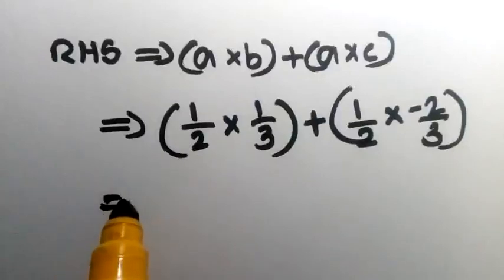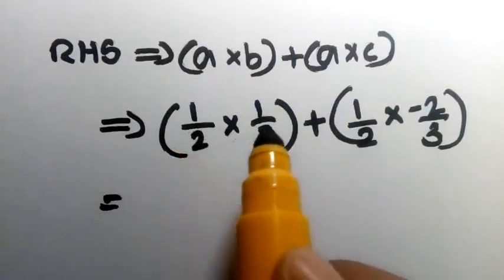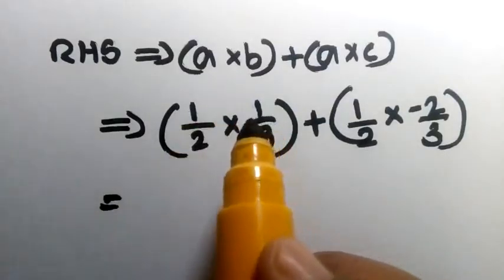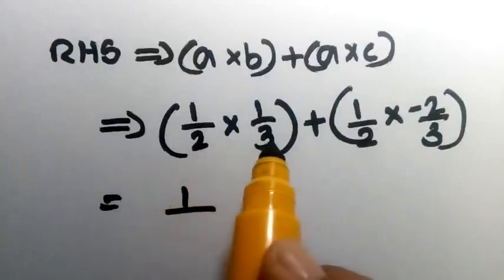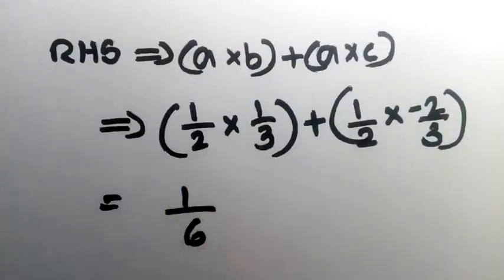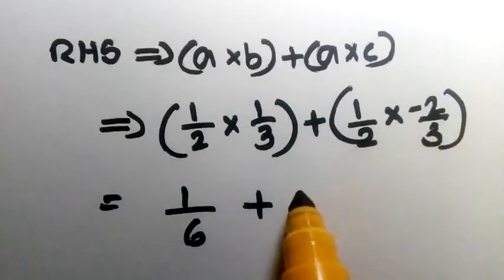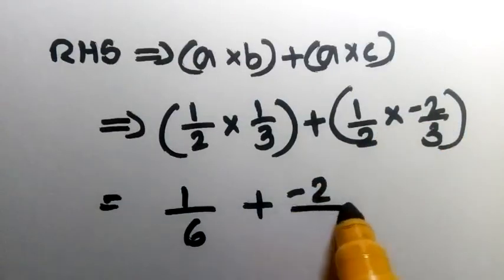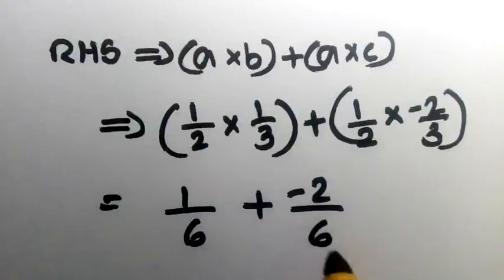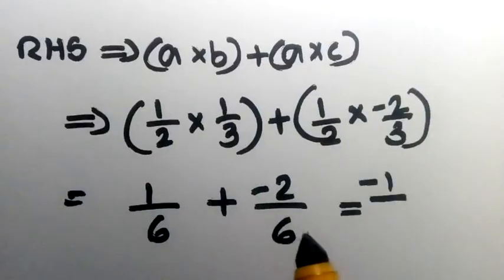Which is equal to first 1 by 2 into 1 by 3. 1 into 1, 1 by 2 into 3, 6, plus 1 into minus 2, minus 2 by 2 3s are 6. So we got 1 by 6 plus minus 2 by 6. We need to solve it.